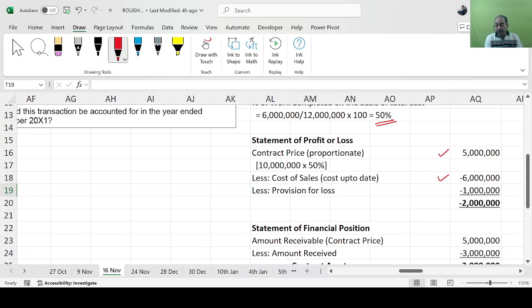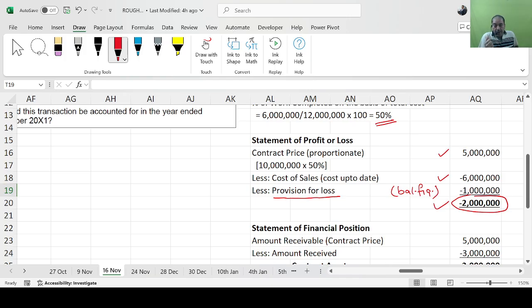So end balance I know. I want this to be $2 million. So this particular figure is my balancing figure, which will be called provision for loss, because I have to show a net figure of $2 million.